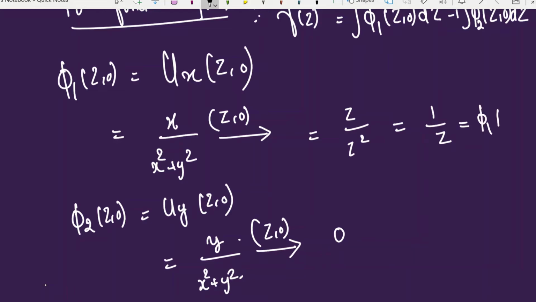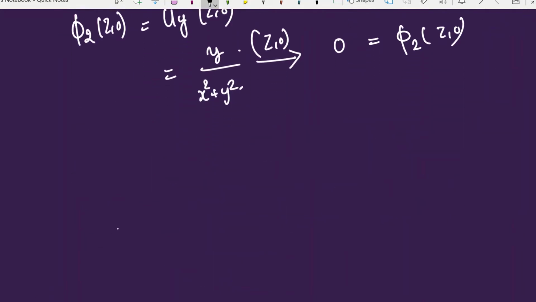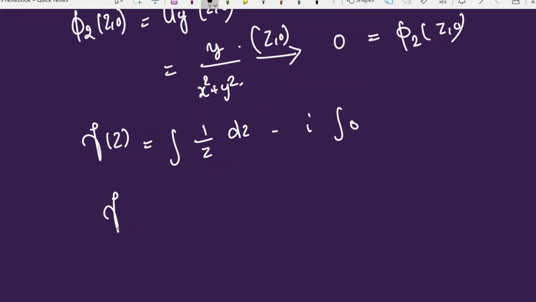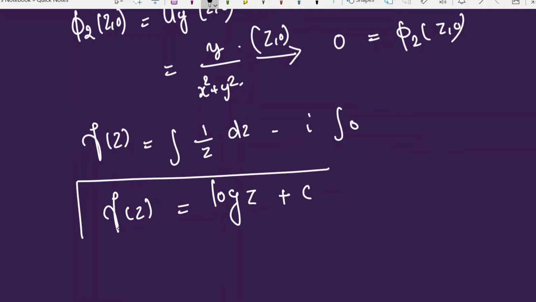Now my phi 1 value is 1 by z, phi 2 value is 0. So f of z equals the integral of 1 by z dz minus i times 0. So f of z equals the integral of 1 by z dz, which is log z plus integrating constant c. So this is my f of z.